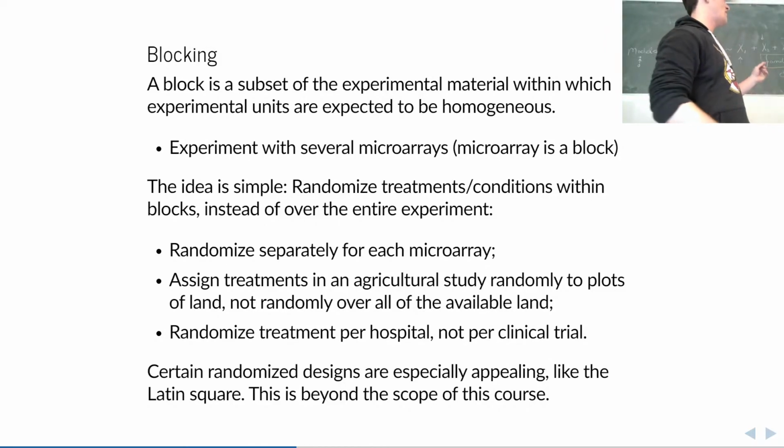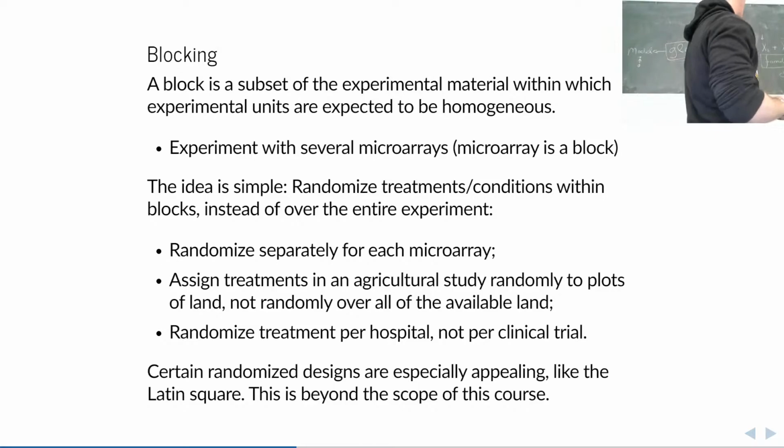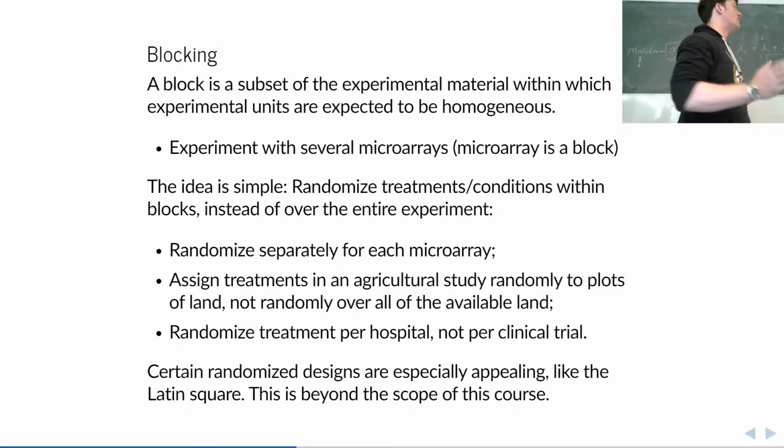For example, if you have an actual field of land, you could use a Latin square, which means that all the rows and all the columns contain all the different treatments, and it's random. I'm not going to show that here because you don't have to know that for this course.